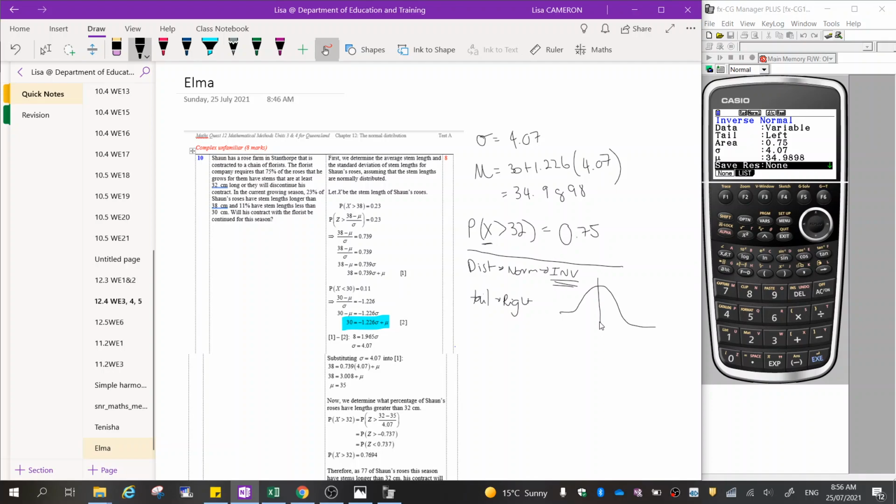Now, what we're going to find here is we're testing to find a score that makes this statement true. What I want to find is if we are going to keep the contract, see how we've got 32 here? If we keep the contract, we want this to be larger than 32. If we're not going to keep the contract, it's going to be less than 32. If this is 32, that's our boundary line, and we want the area in here to be 0.75 of the area.